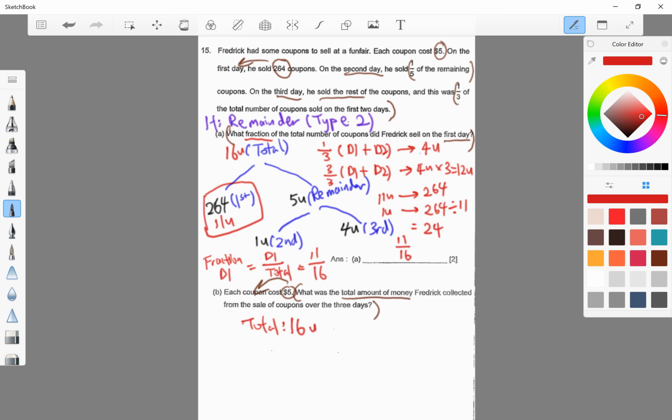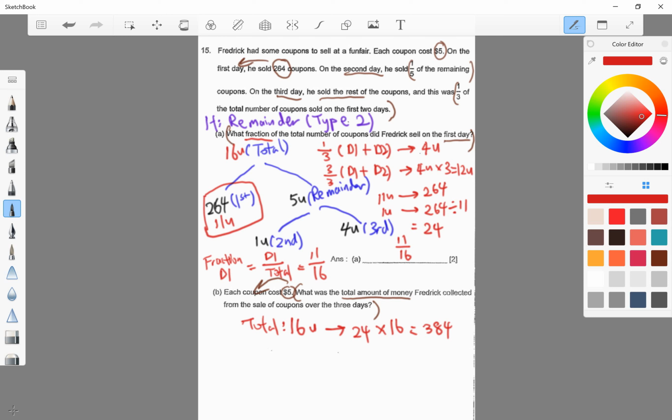So on top I see 16 units. If I knew that 1 unit is 24, it will just be 24 times 16. Okay, 24 times 16. That's not very difficult. It's something very doable. So 24 times 16 leads us to 384. So 384 refers to the total number of coupons that Frederick had.